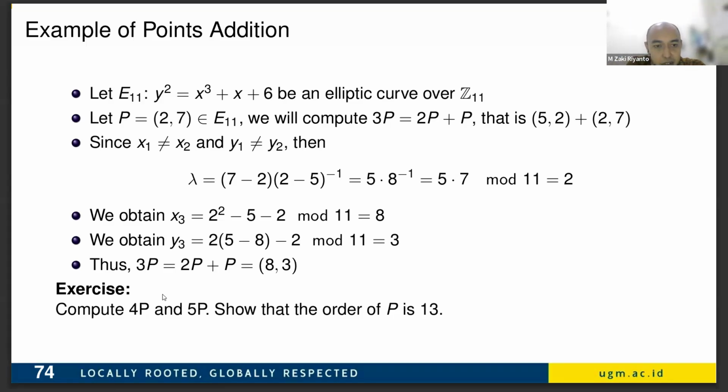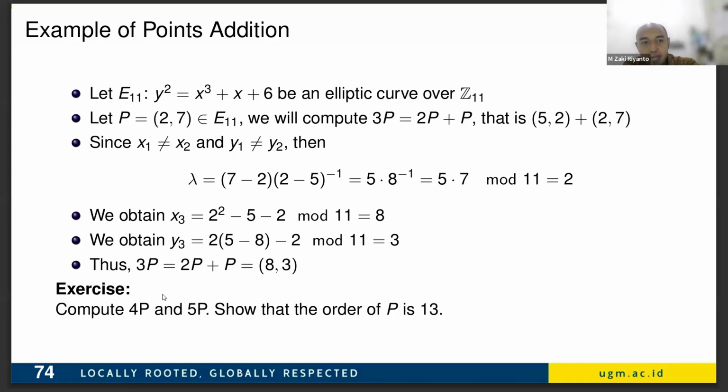Since x1 is not equal to x2 and y1 is not equal to y2, the value of lambda is like this, different from the previous one. So the value of lambda is 2, and we obtain x3 and y3 as 8 and 3. So the point 3P is (8, 3).